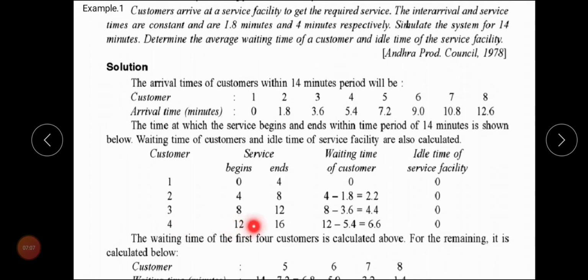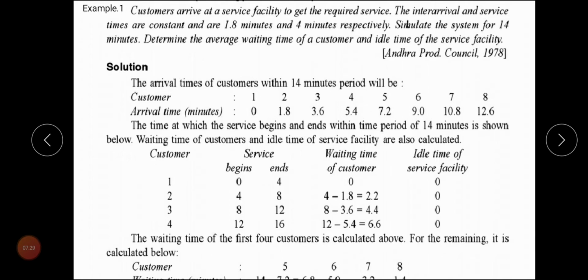Similarly for customer 4, the beginning time is 12. When the service for customer 3 is over, the service for customer 4 begins, that is at 12. The service time is 4 minutes, so 12 plus 4 is 16 minutes. What is the waiting time for customer 4?